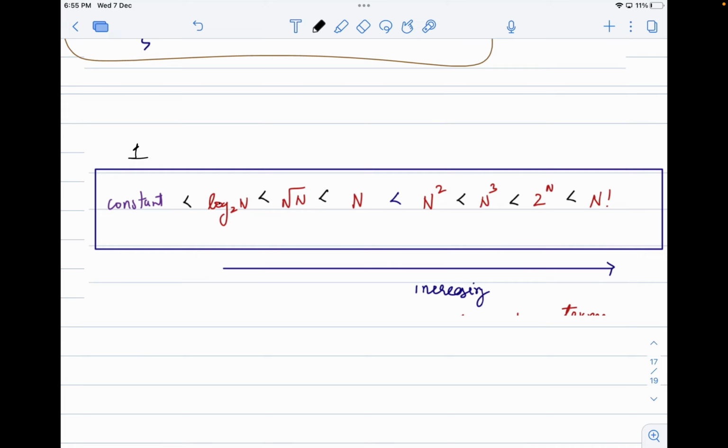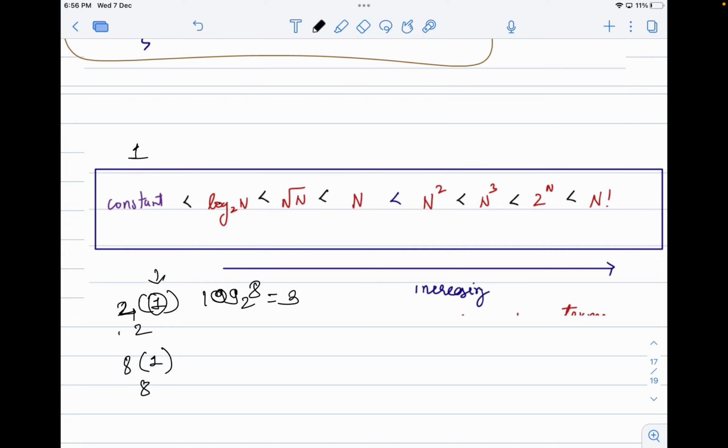Suppose you have a number, 2 in brackets 1, this is constant. So 2 you will get. If this changes, will this change? No, right? But in this case, suppose you put, for example, 8 here, only 8 you will get. But here how will it happen? Log 2 of 8 is what?